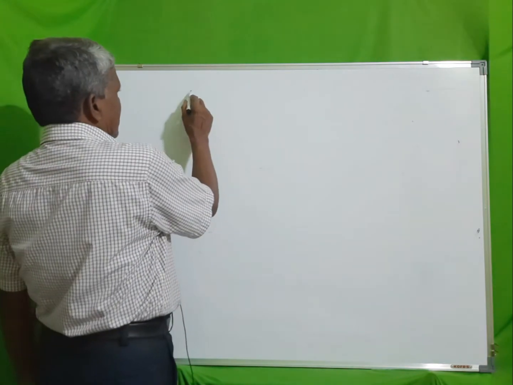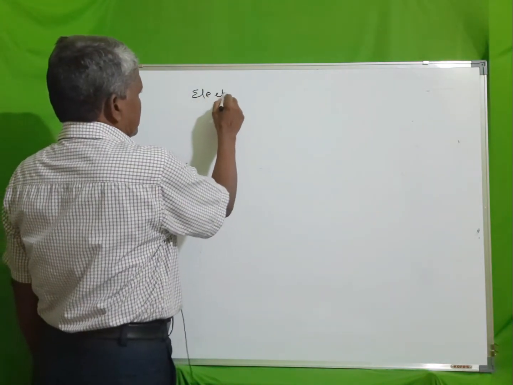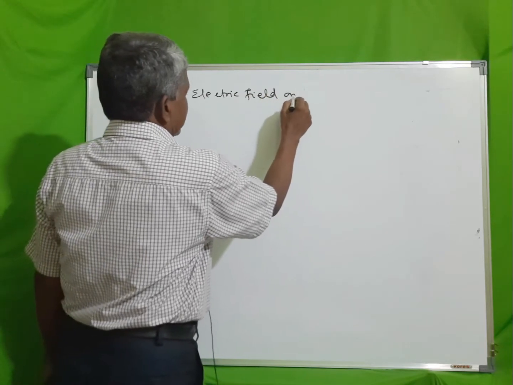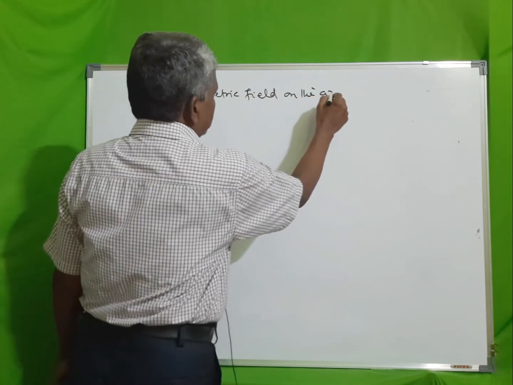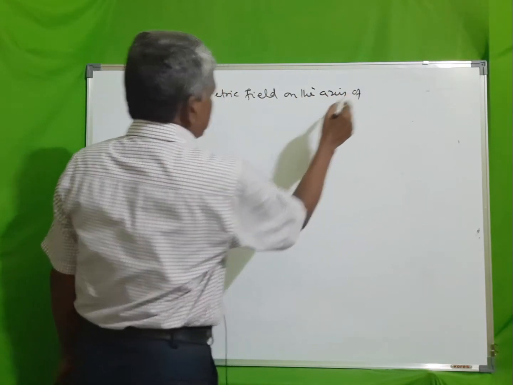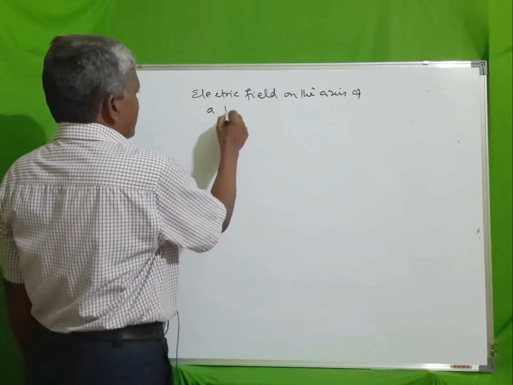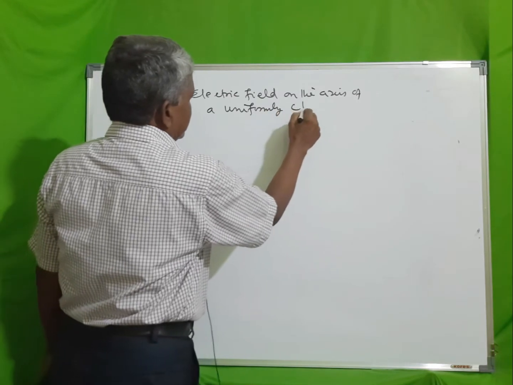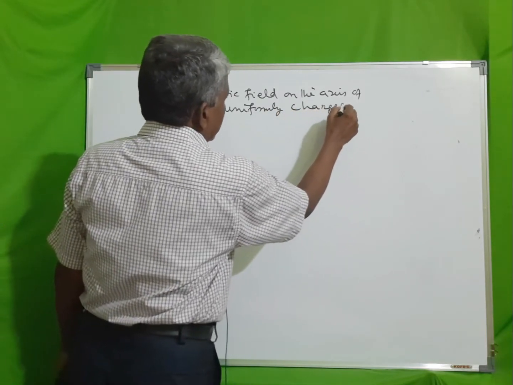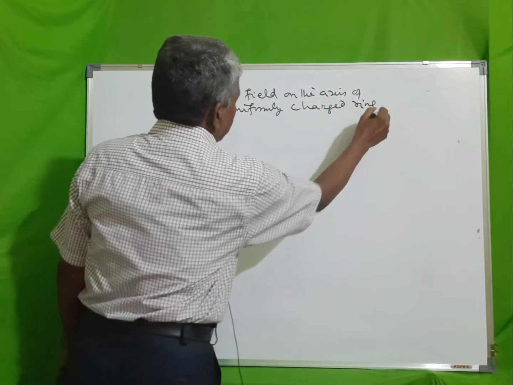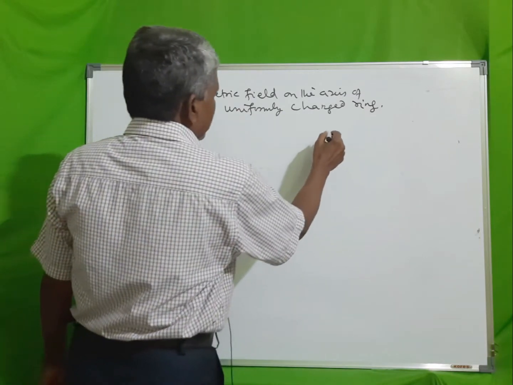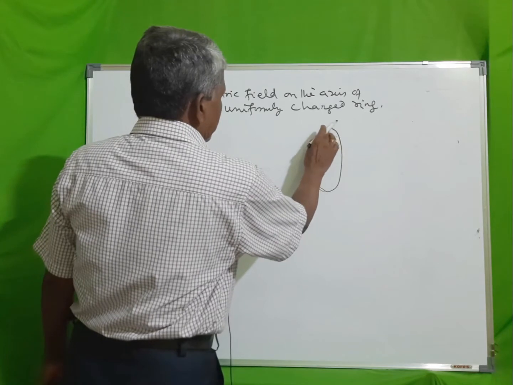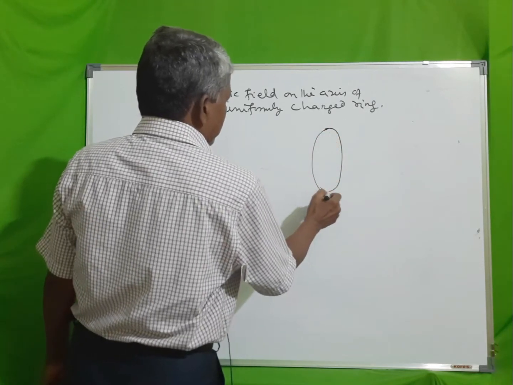Another is electric field on the axis of a uniformly charged ring. Suppose this is a ring shaped conductor.